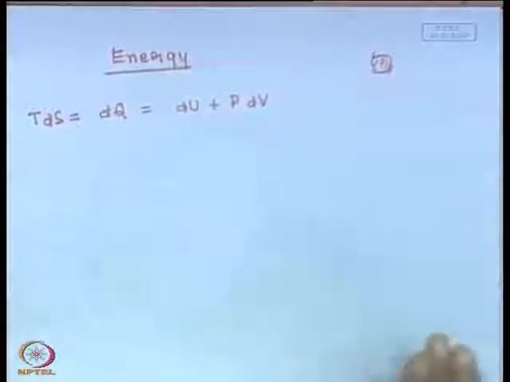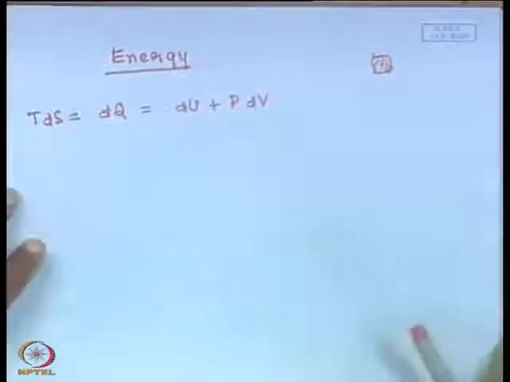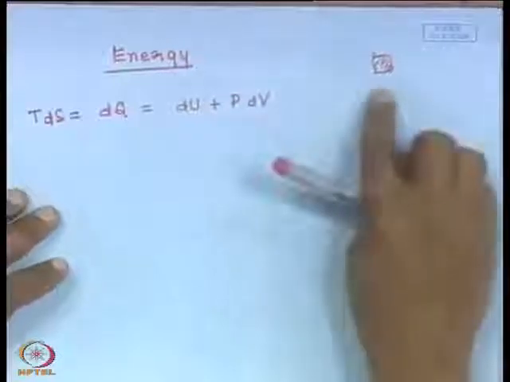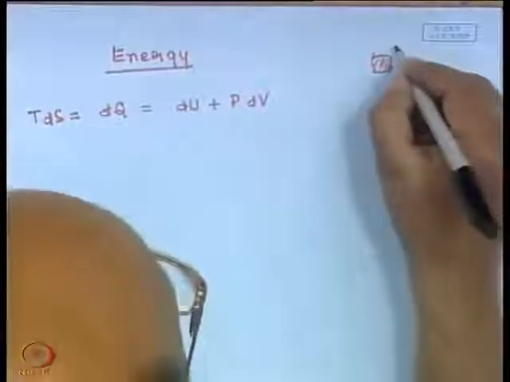And since my system cannot change, it is obvious that I should look at fluid mechanics not in the Eulerian picture, but in the Lagrangian picture. So it is very clear that we have to work in the Lagrangian picture. We have to follow the same fluid element as it flows.